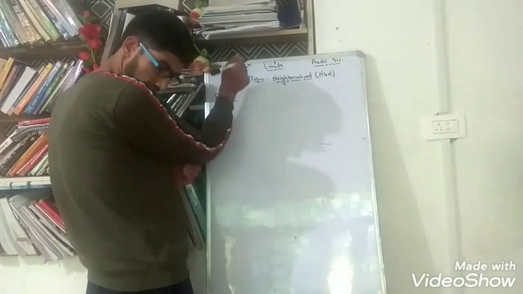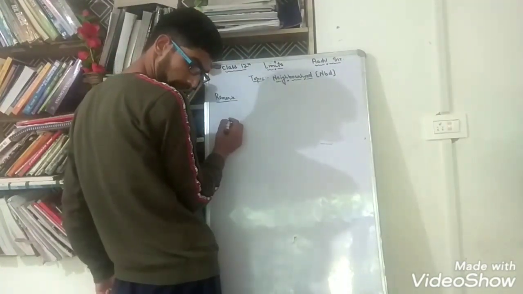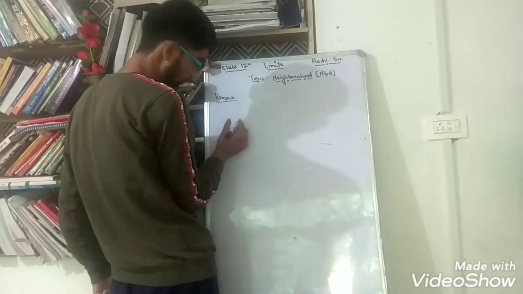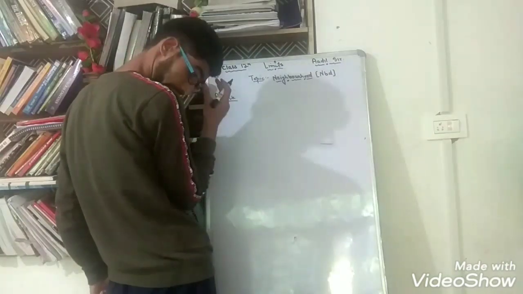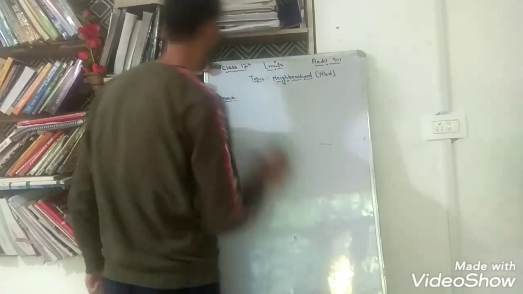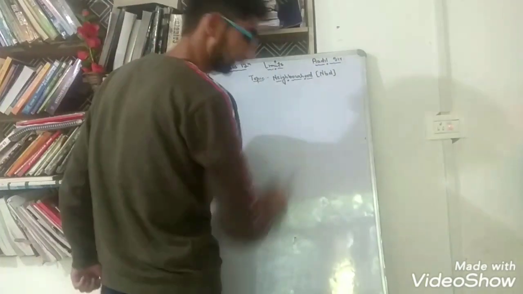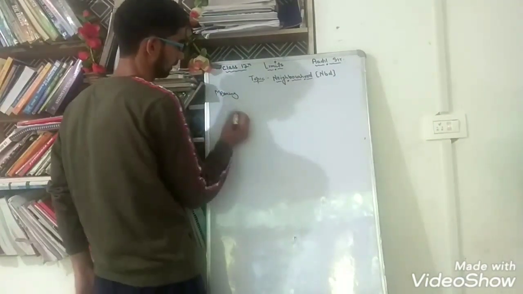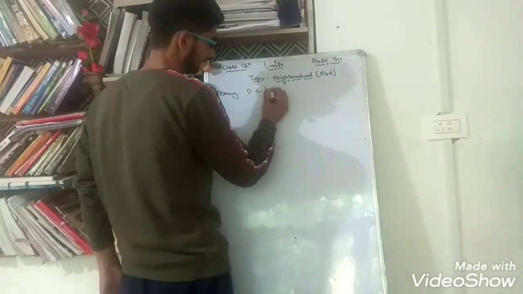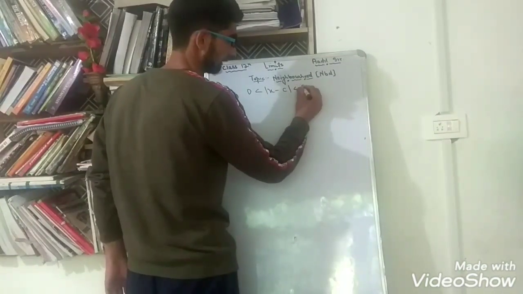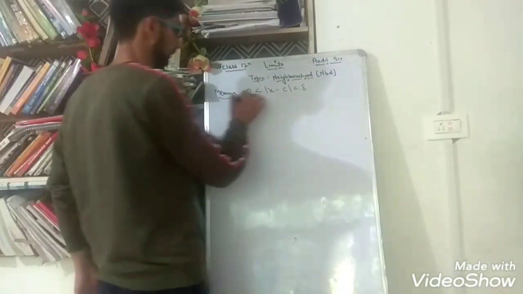And similarly, we will go for another one. I have already given you these things. Now we will go for the meaning of 0 less than absolute value of x minus C less than delta.